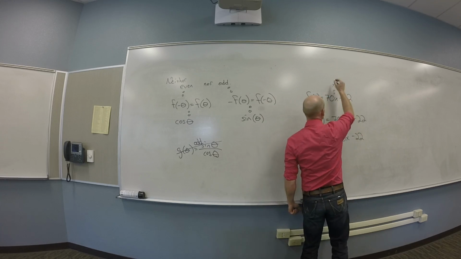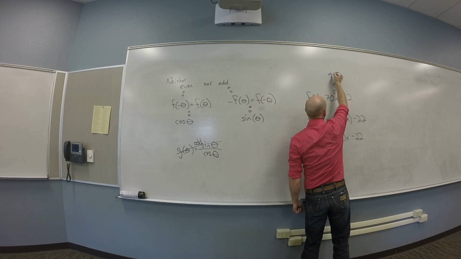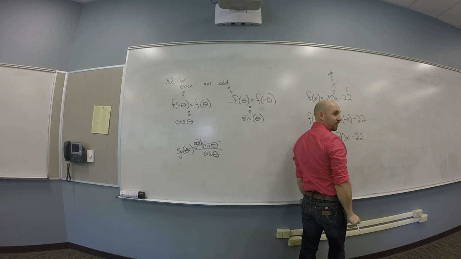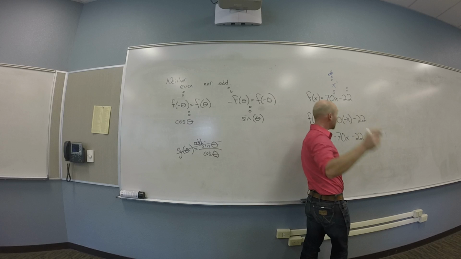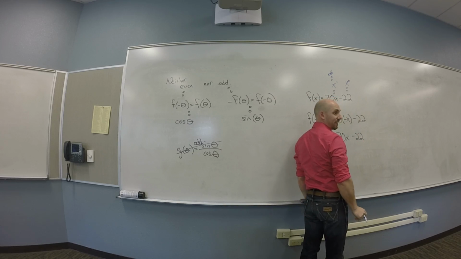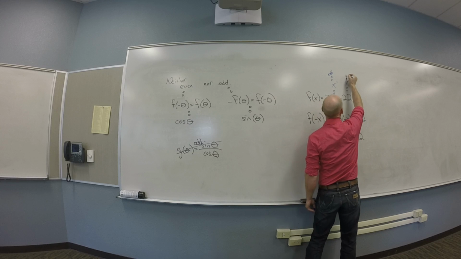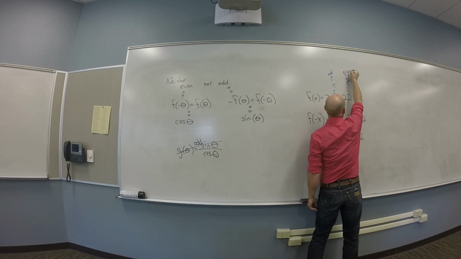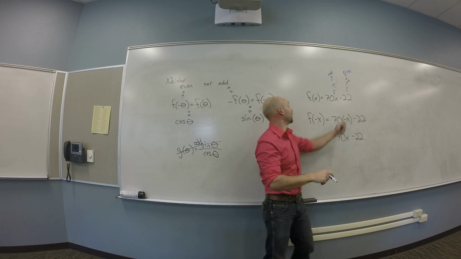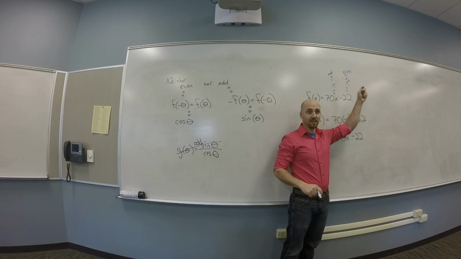So this part here is odd. This part here is an x to the 0 power, which is 1. Right, x to the 0 is 1, which is why it's appearing here. But it's also even.